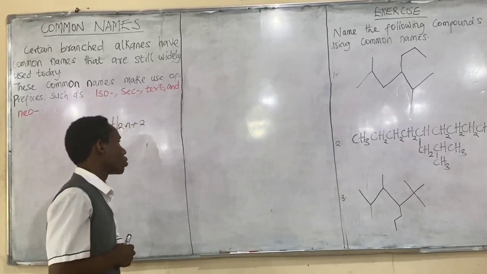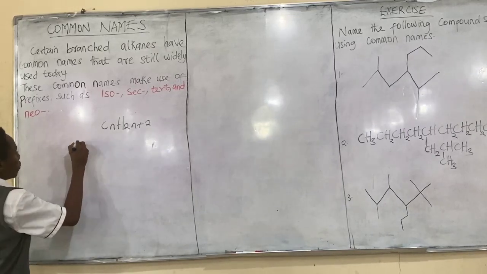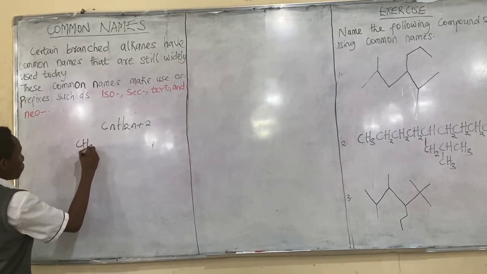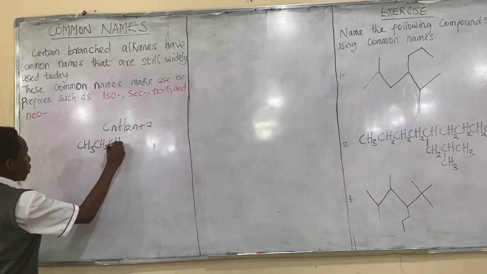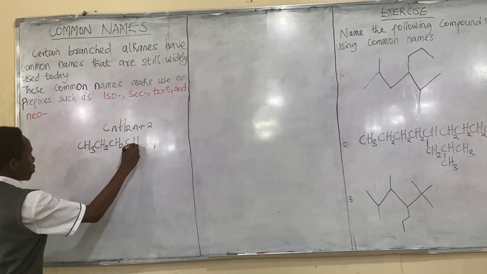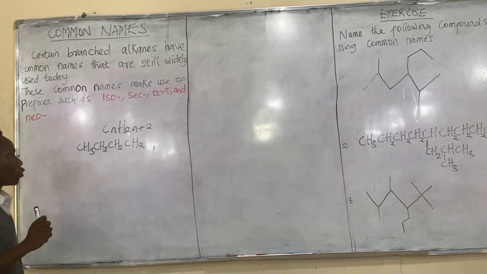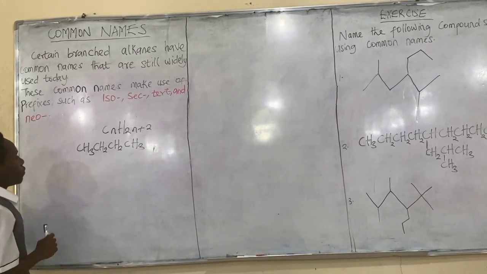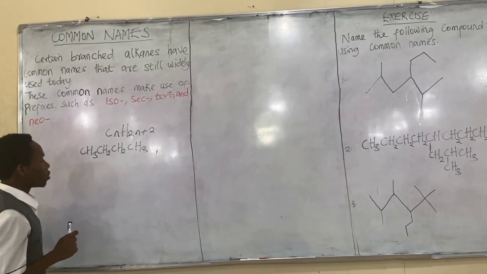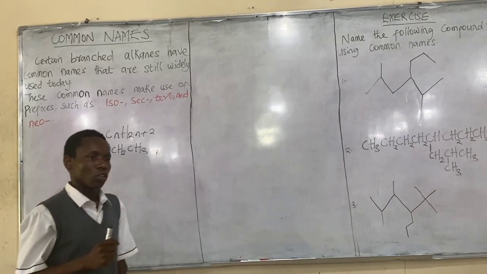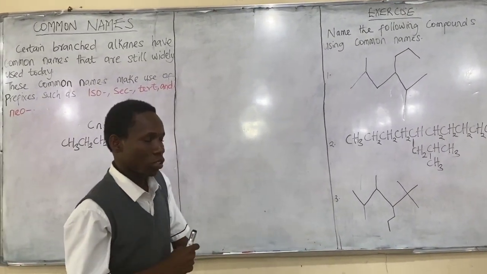other organic compounds. So for instance, if we have something like this, we have CH3, CH2, CH2, and CH3. According to our IUPAC nomenclature, if you want to name this particular compound, the first thing to do is to count the number of carbons in the chain.